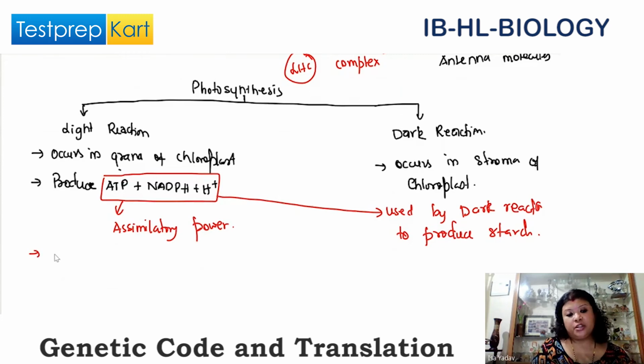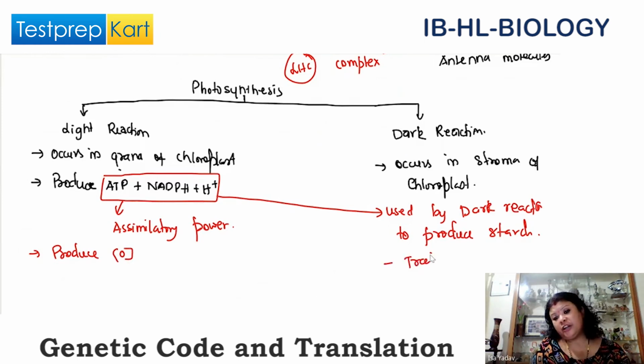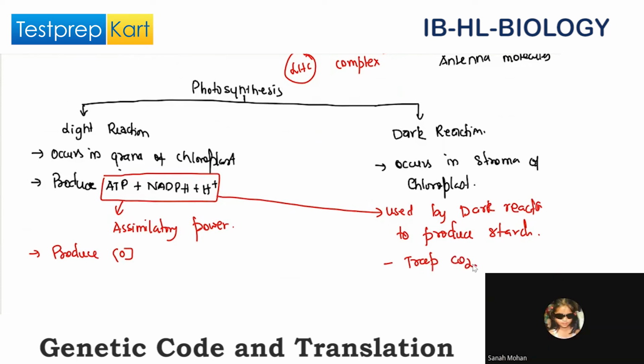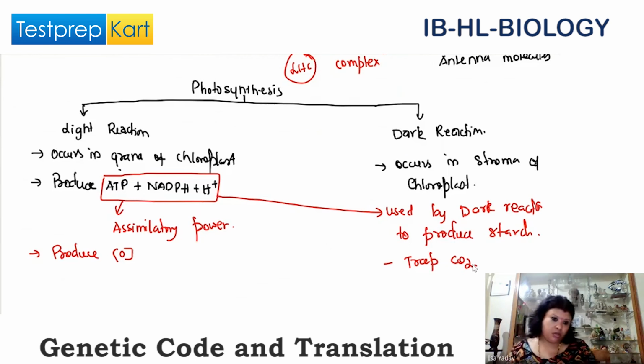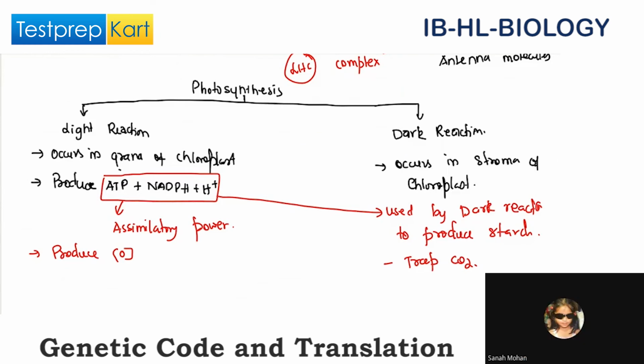Light reaction will produce oxygen. Dark reaction, here it will trap carbon dioxide. It will not use oxygen. It will trap carbon dioxide to finish the process of photosynthesis. Clear or not?